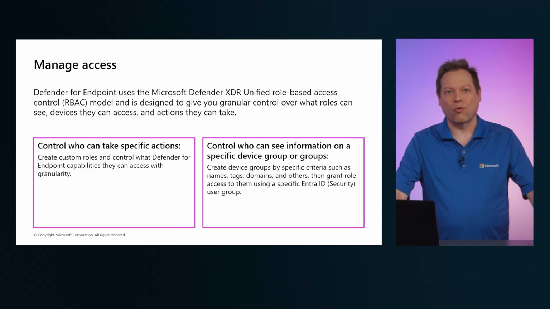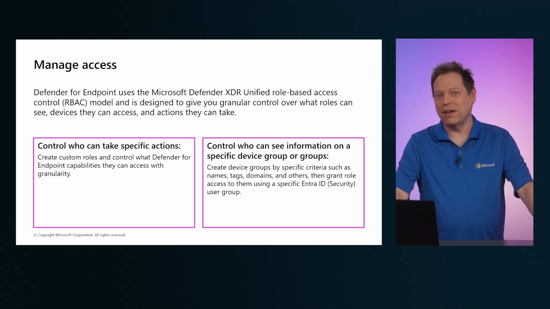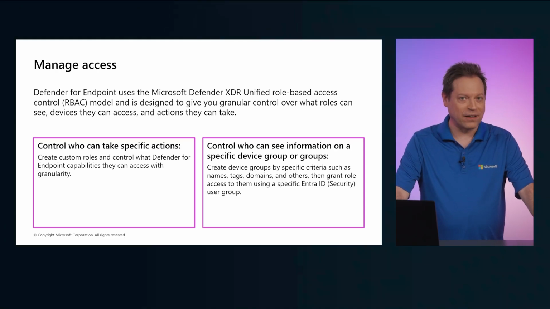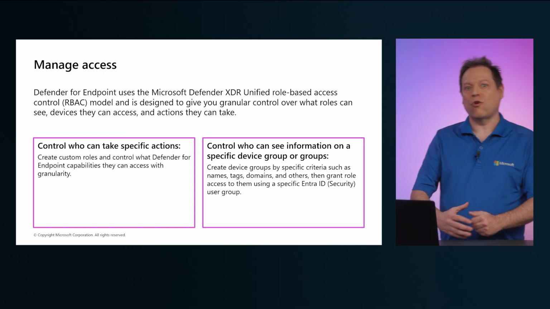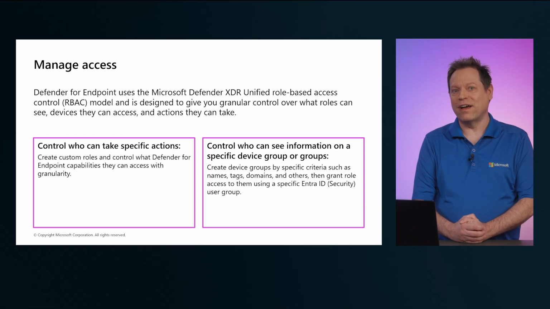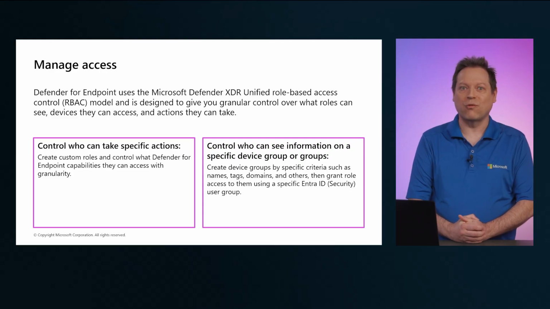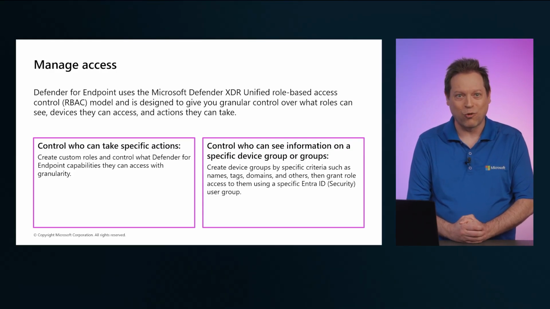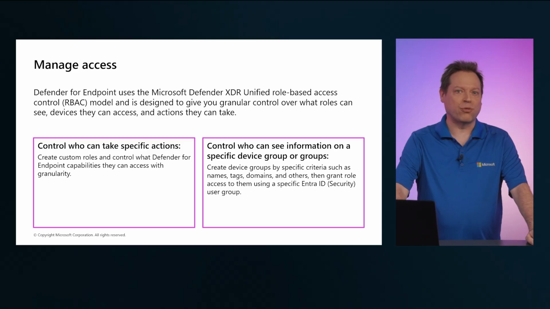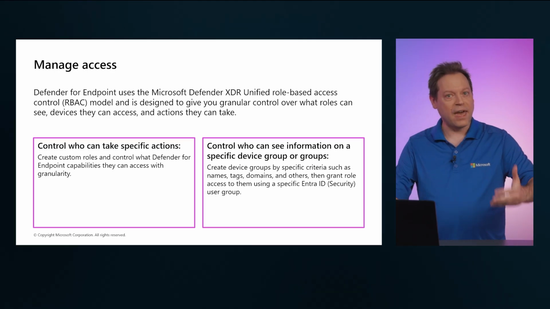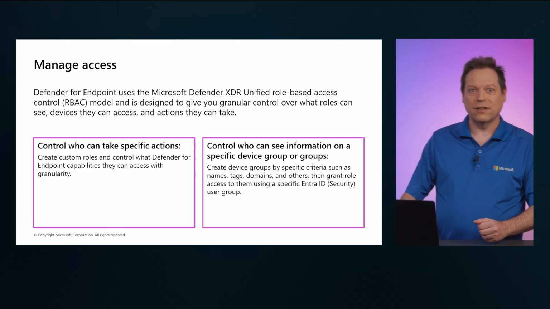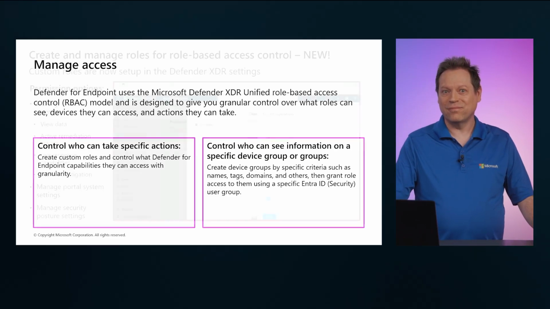You can also control who can see device information by creating device groups based on criteria like the device name, tag, domain, and more, and then granting role access to those device groups through a specific Microsoft Entra ID security group. If you want a guided walkthrough, there's a supporting video on role-based access control for Microsoft Defender for Endpoint, and we'll also demonstrate this later on in this video.